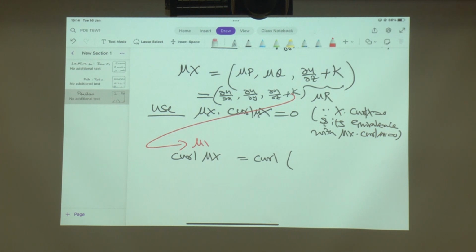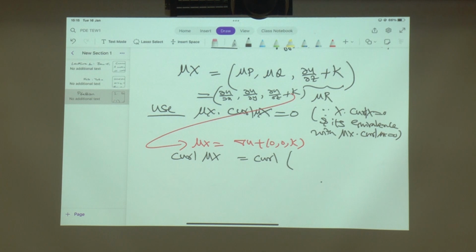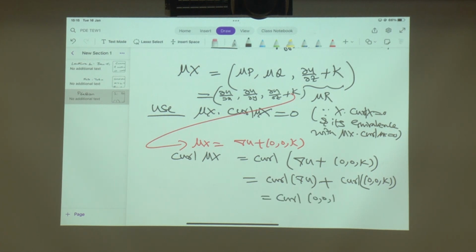So mu x is equal to gradient of u plus 0 0 k. Therefore curl mu x is curl grad u plus curl 0 0 k. But curl grad u is 0, so curl mu x is simply curl 0 0 k.